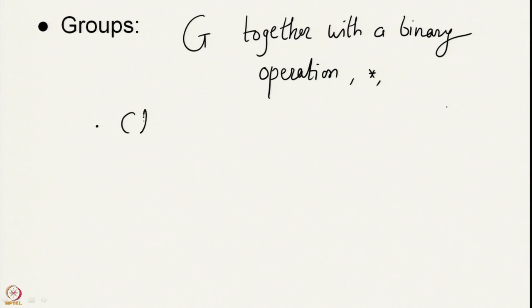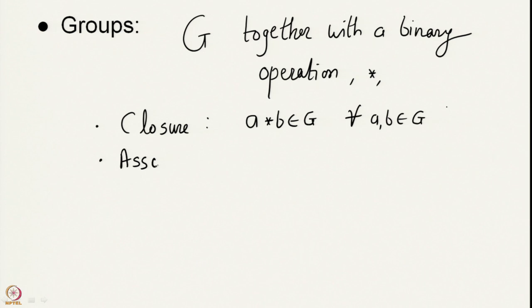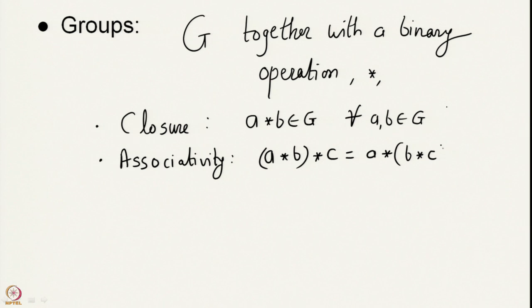Then the first property says that the set be closed under this binary operation, which means that A star B belongs to G whenever you have A and B coming from G. The second property says that we have associativity, which says that (A star B) star C is equal to A star (B star C) for every A, B, C in G. This means that when you are applying the binary operation, the order in which you apply this operation is not important.